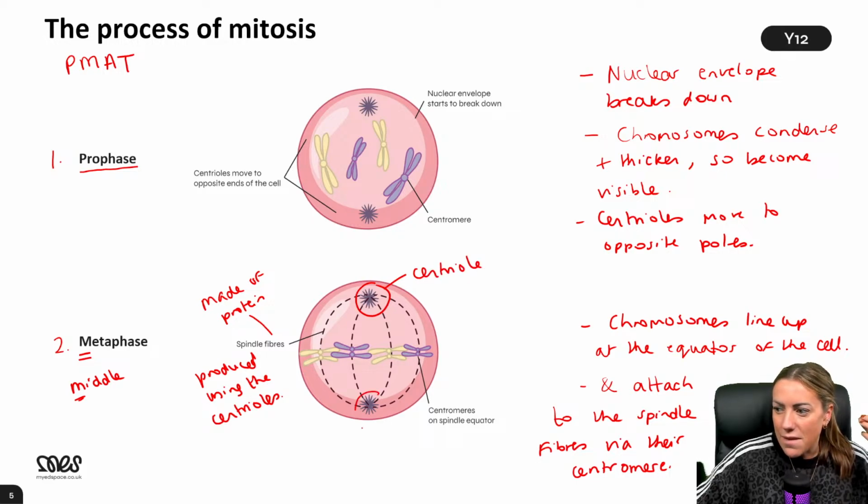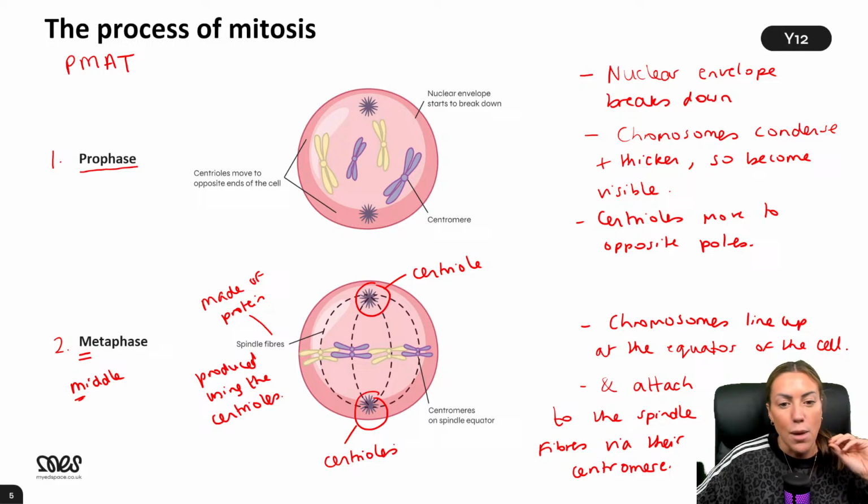And we've already said that they have moved to opposite poles, opposite sides of the cell. So the spindle fibers basically extend from the centrioles, and they extend across the cell. And you can see here that the chromosomes, they line up on the equator and they attach themselves to those spindle fibers via the centromere.